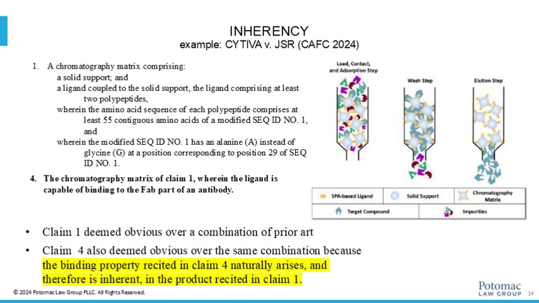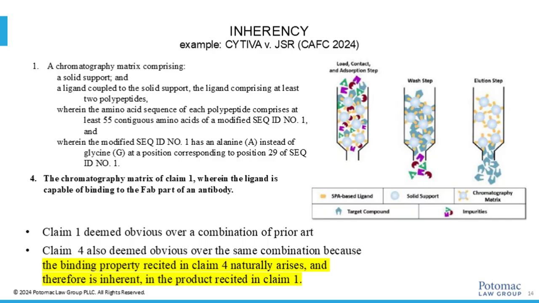And then claim 4, which was also at issue, says the chromatography matrix of claim 1, wherein the ligand is capable of binding to the Fab part of an antibody, whatever that is. But essentially, it adds a limitation of that binding capability. And the court here deemed claim 1 obvious over a combination of prior art.